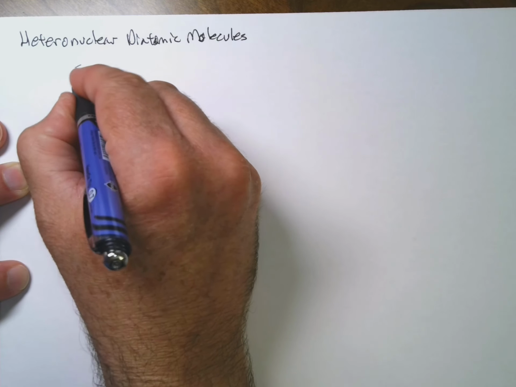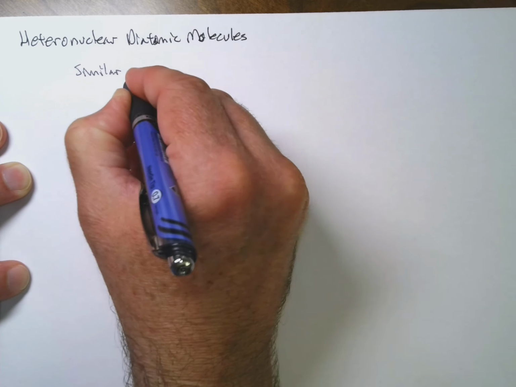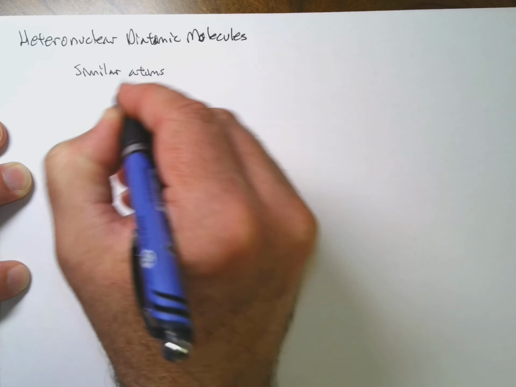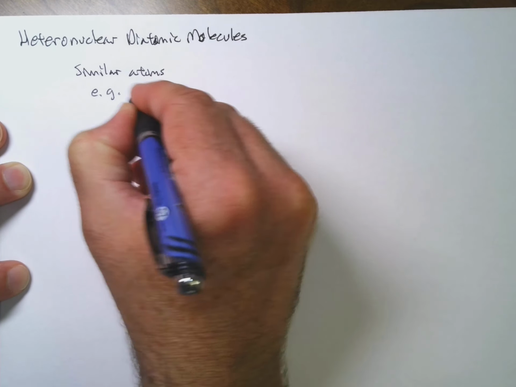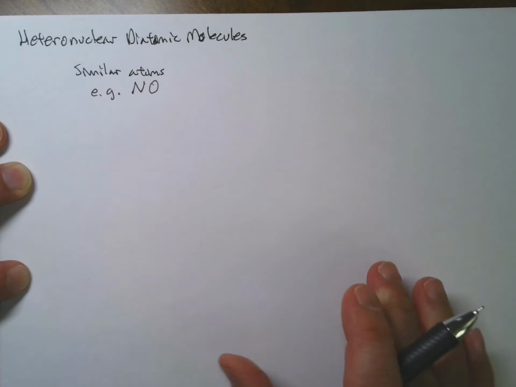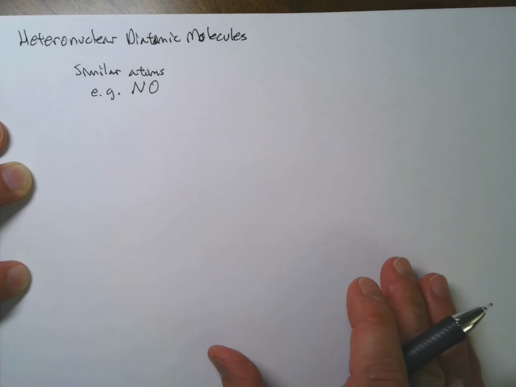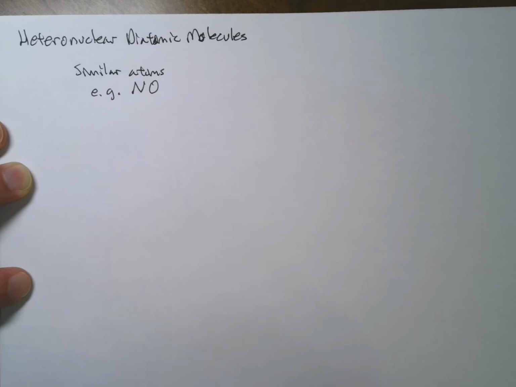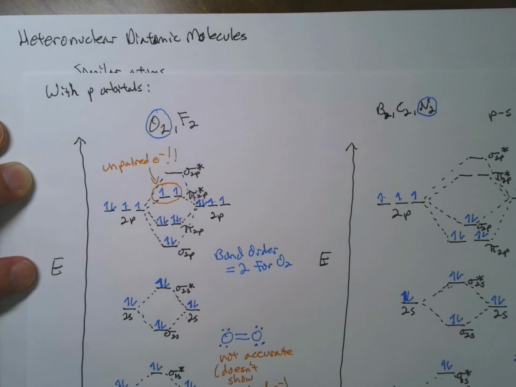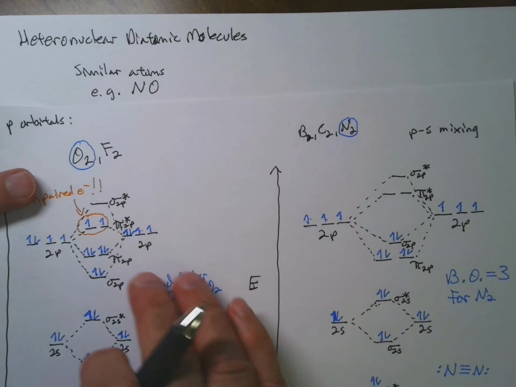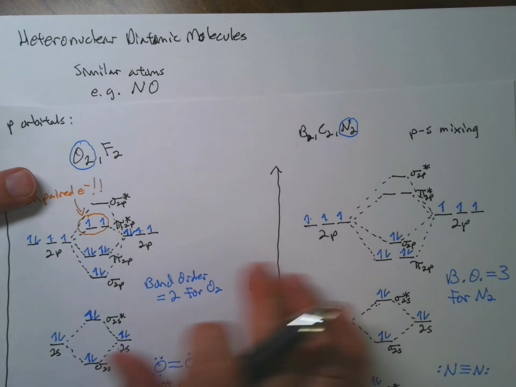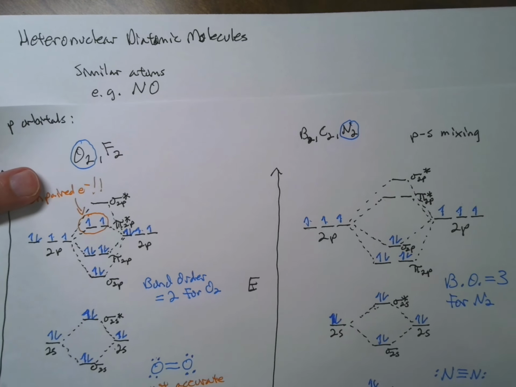So we could have similar atoms, for example, NO, in which case, because the atoms are similar, we're actually going to get a diagram that's similar to one of these for the diatomic.